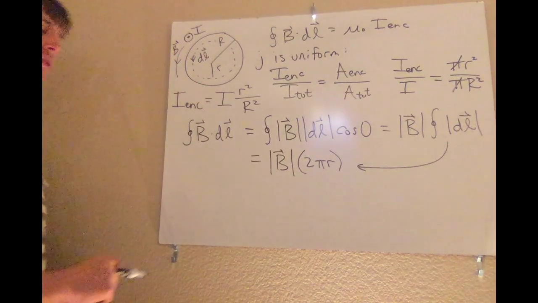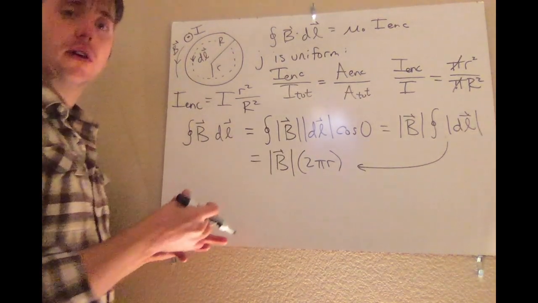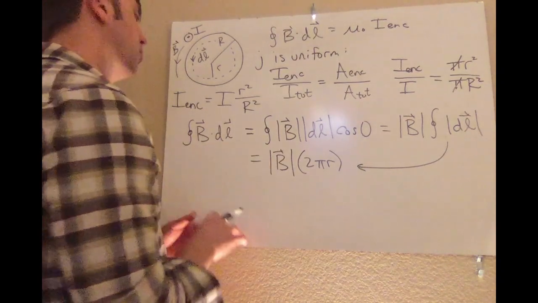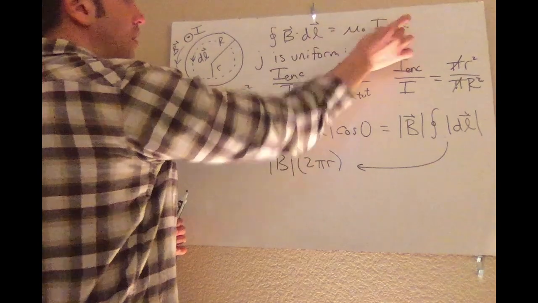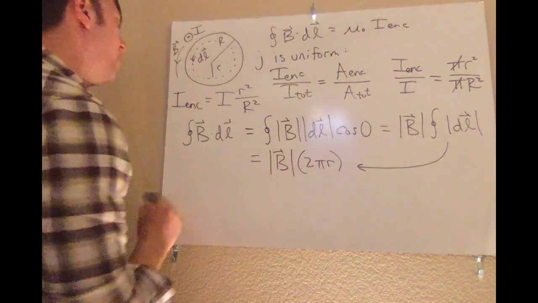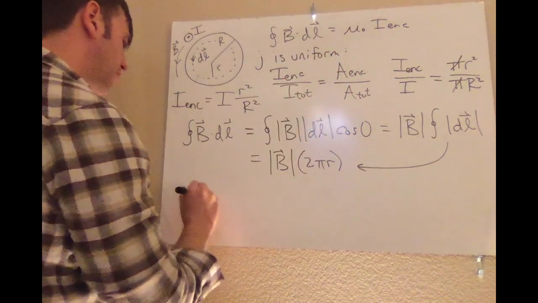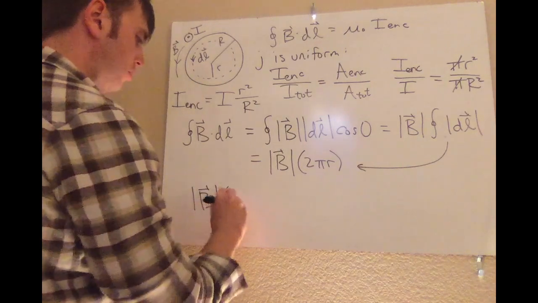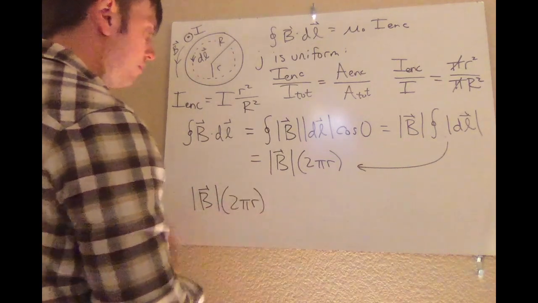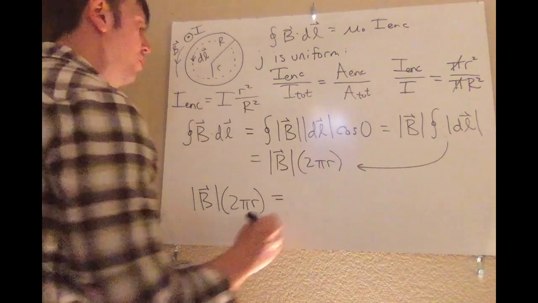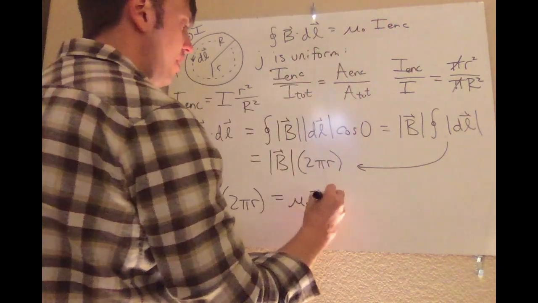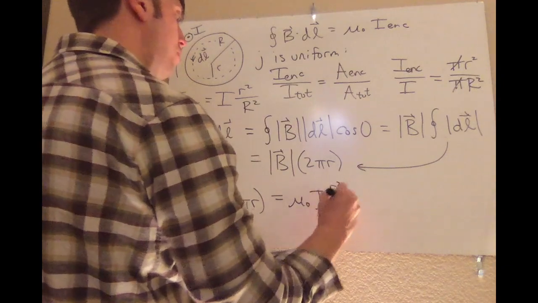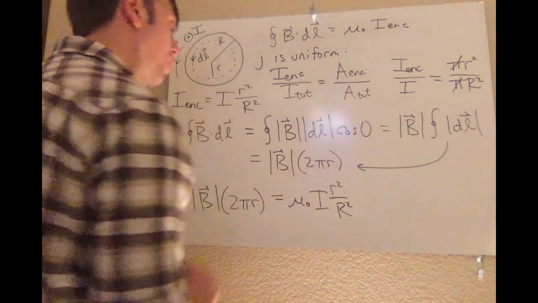Okay, so the last thing is just to put these two pieces together using Ampere's law. We know B dot dl, we know I enclosed, so let's plug them in and see what we get. On the left side we have magnitude B times 2 pi r. On the right hand side we have mu naught times I enclosed, which is I times little r squared over big R squared.